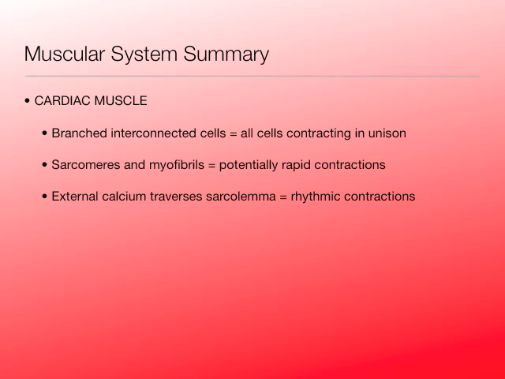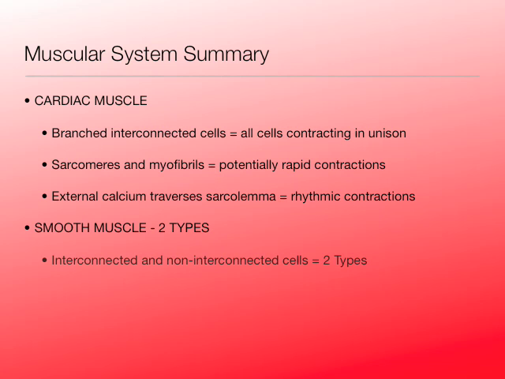It's got the sarcomeres and the myofibrils, but it's got this external calcium that gets everything to be more rhythmic. So those are key differences in structure that result in the heart muscle performing a little different than skeletal muscle.